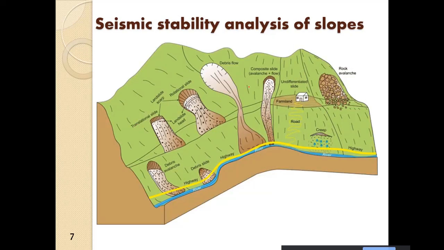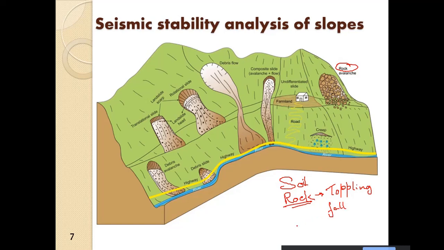So there are various types of landslides. If we consider the material, one is soil and the other is rock. When we consider rock, there is toppling of rock, which we call rock fall.